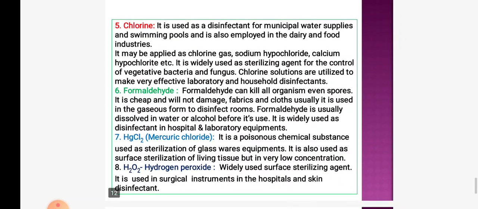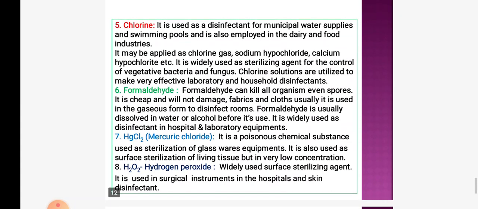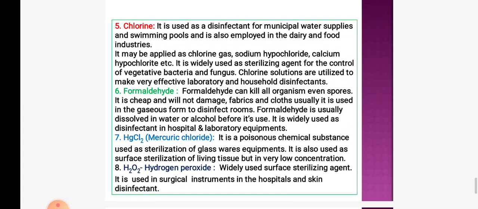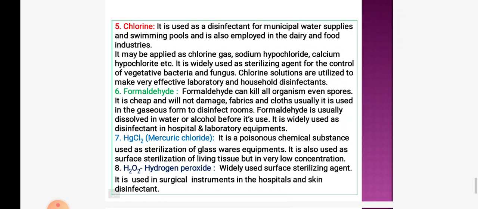It may be applied as chlorine gas, sodium hypochlorite, calcium hypochlorite. It is widely used as a sterilizing agent for the control of bacteria and fungus. Chlorine solutions are used to make very effective laboratory and household disinfectants.